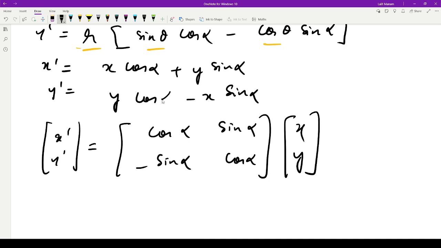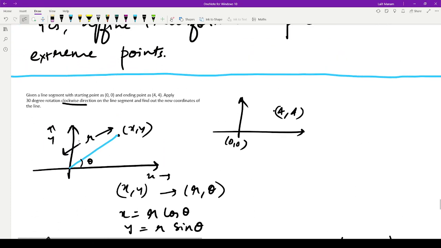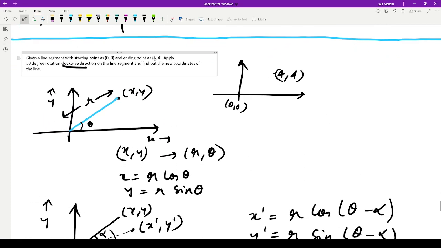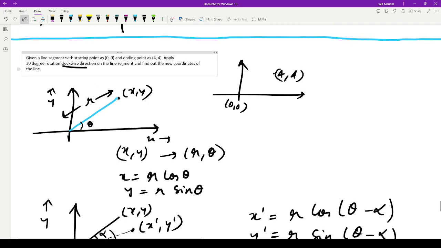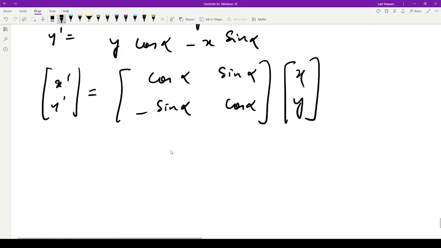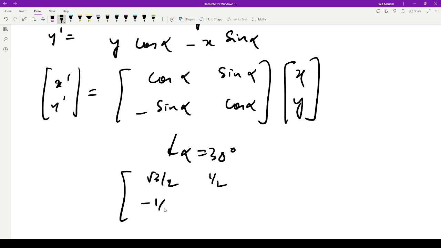Okay, so given this, what can we do? Now we are just given the values. X comma y is one point 0 comma 0, the other is 4 comma 4, and alpha is given as 30 degrees. So cos 30 is root 3 by 2, and sin 30 is half, minus half, root 3 by 2.